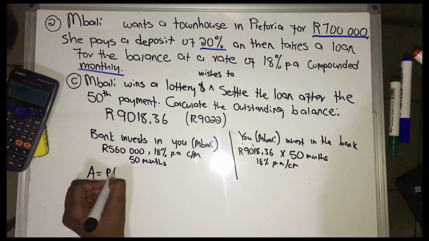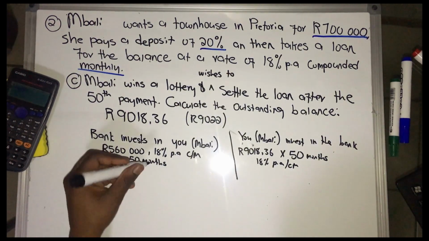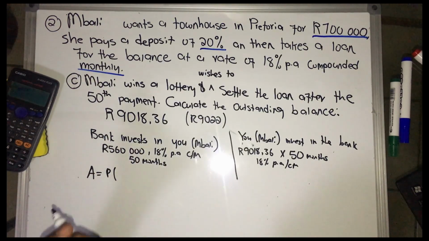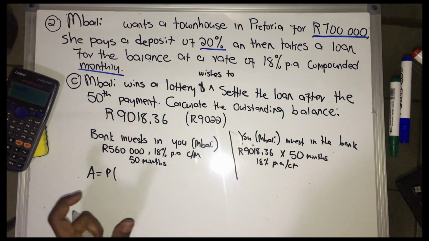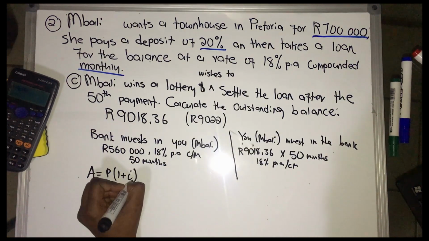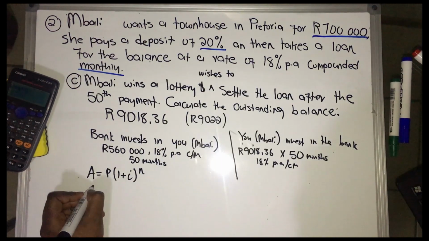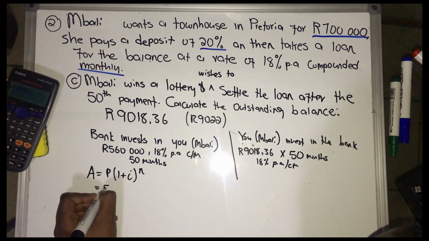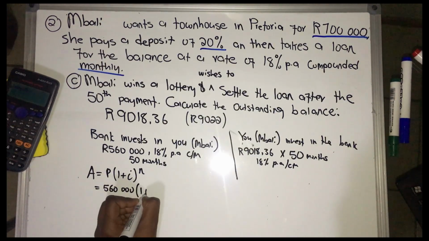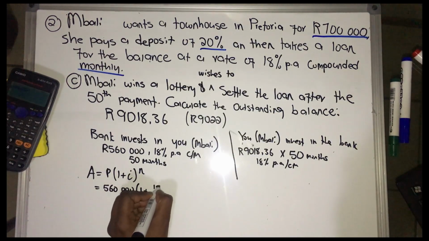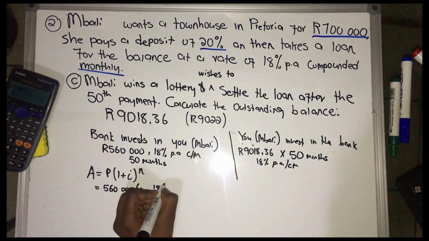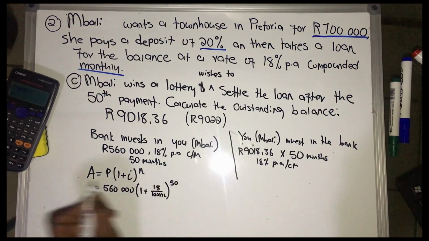So we can now calculate the amount after 50 months. This is simply done like this: 560,000 times 1 plus 18 over 100 divided by 12, all to the power of 50.